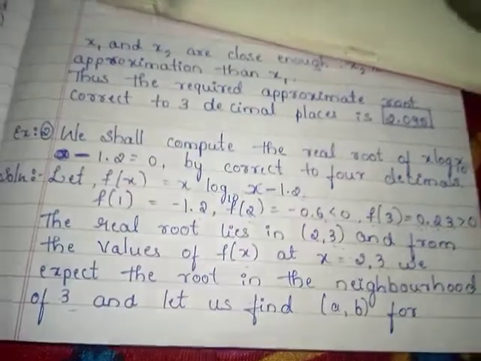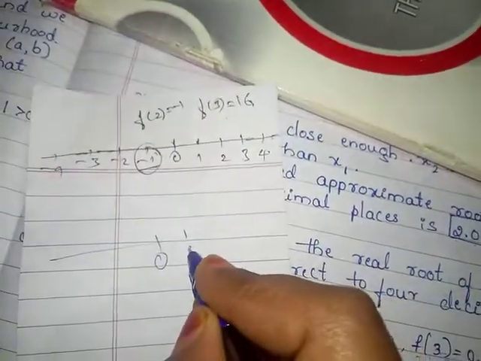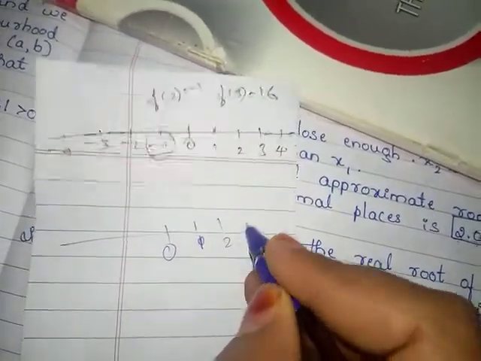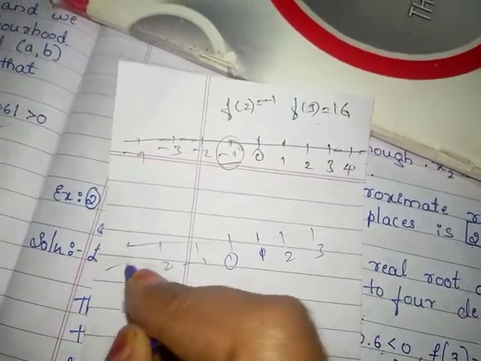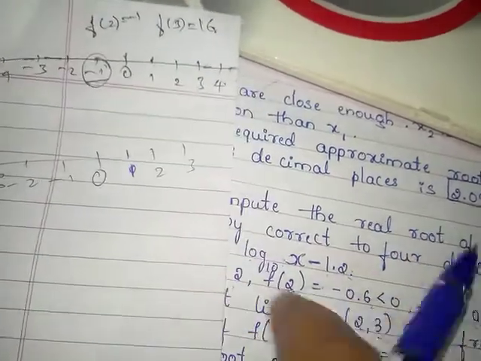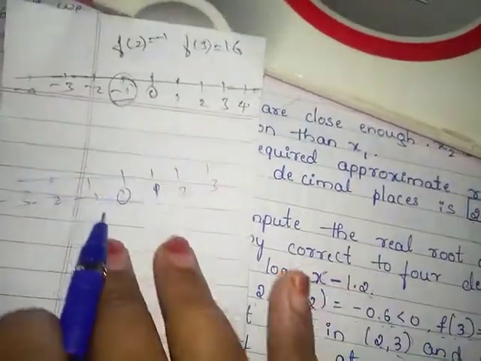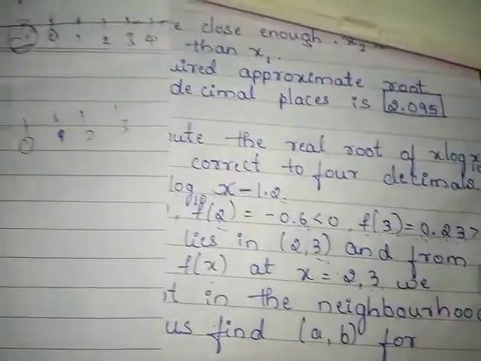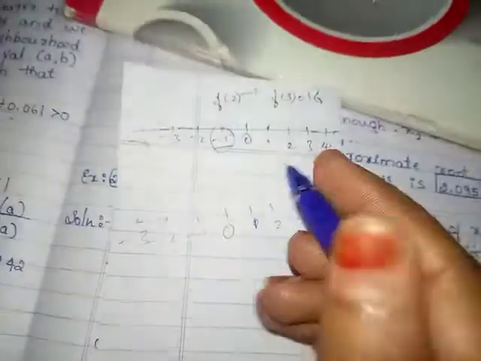See here in a number line, 0, 1, 2, 3, and here minus 1, minus 2, minus 3. f of 3 value is 0.23 and f of 2 value is minus 0.6.